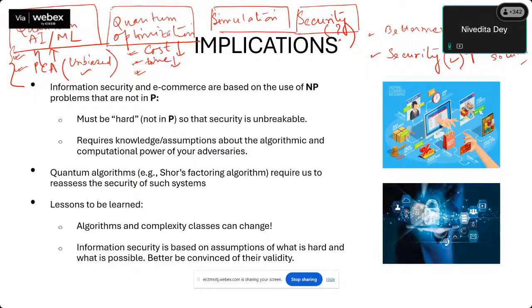First is how we can secure our classical systems only, so that we don't need to migrate to quantum. And definitely, the same lock we cannot use, the same key we cannot use to open the lock. So that means it has to be new classical techniques that we want, so that they can be quantum proof.